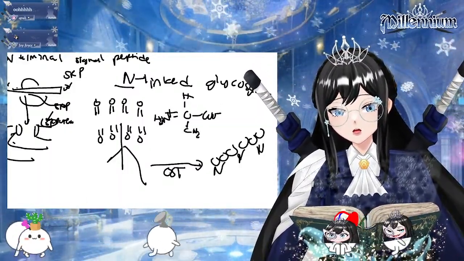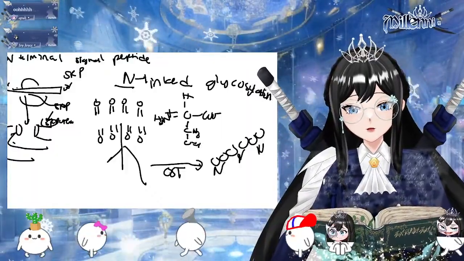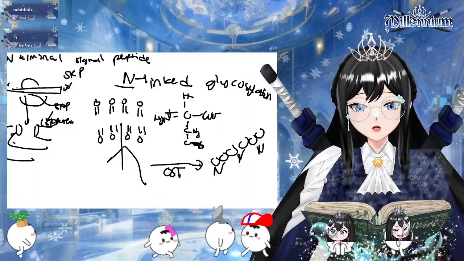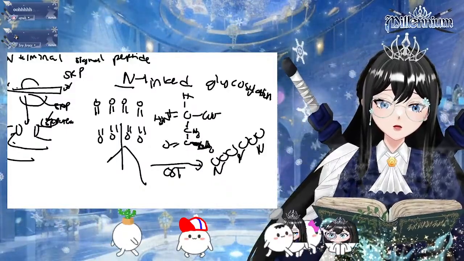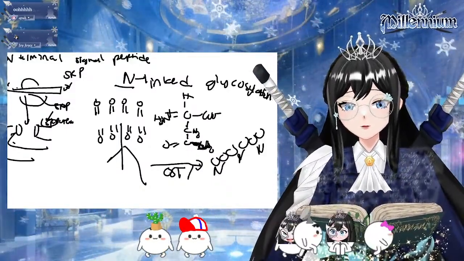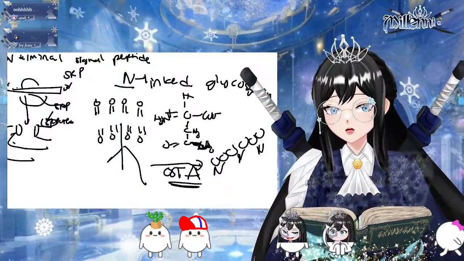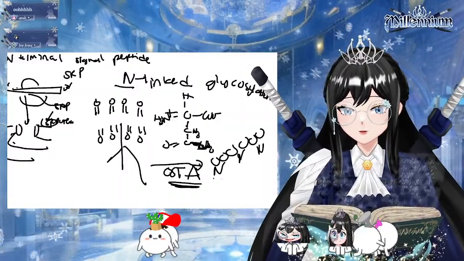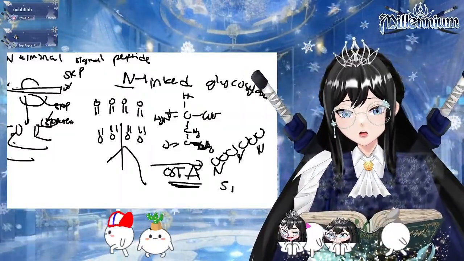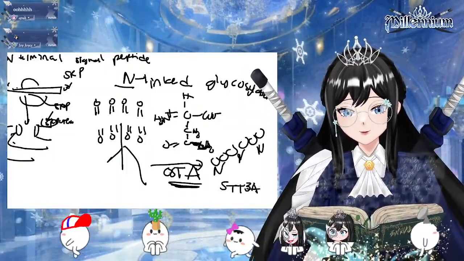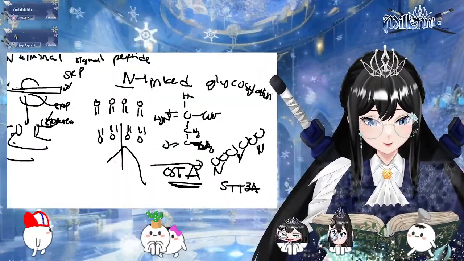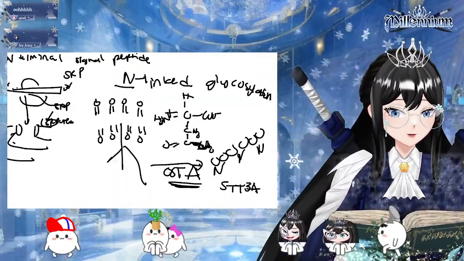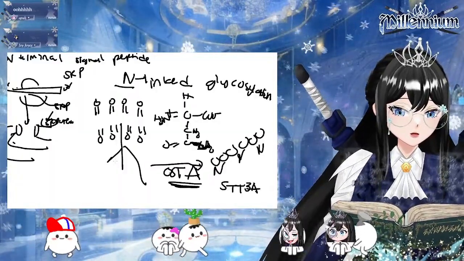Asparagine looks like CH2, C, double bond O there, NH2. So this is where the N is, and if it is co-translational, it's because the oligosaccharyltransferase is OST-A, aka it has the STT3A part of it, and that is how you N-link glycosylate things.